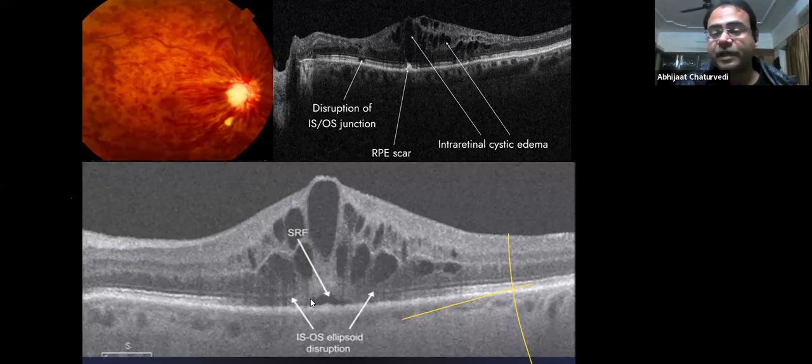There's no more ellipsoid zone in this entire area, and this is subfoveal. So once that edema goes down, the retinal tissue gains somewhat, the vascularity and contour return. But since the ellipsoid zone is not restored, the vision won't improve much.